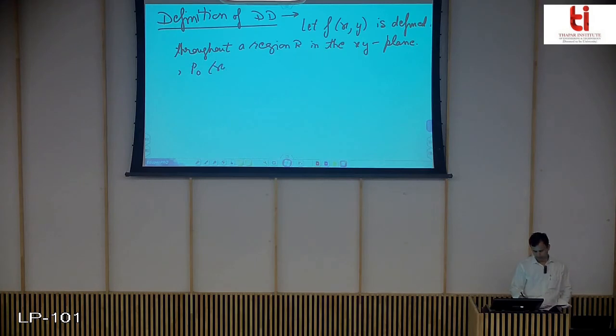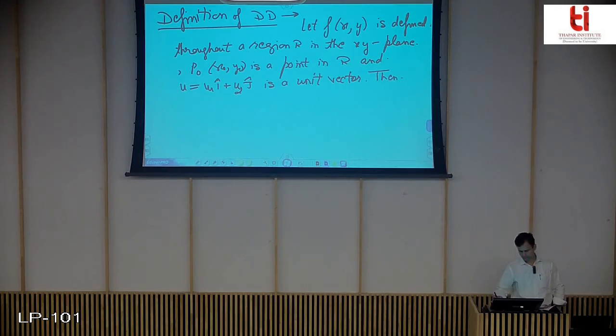P naught (x naught, y naught) is a point in R, and u is a unit vector.